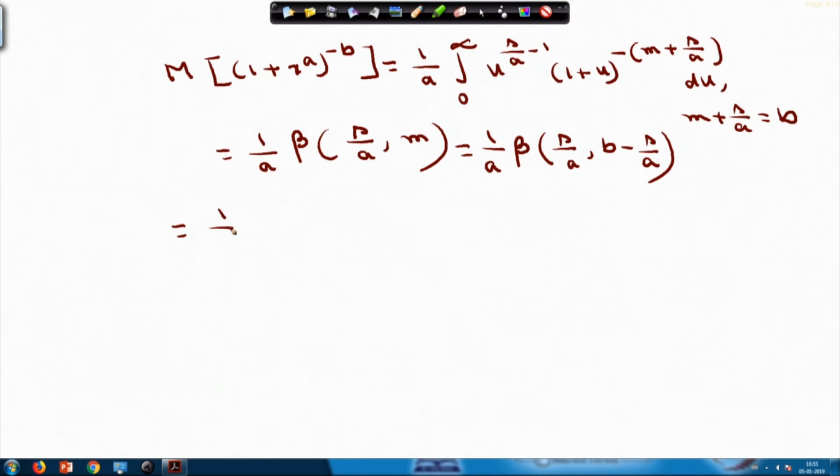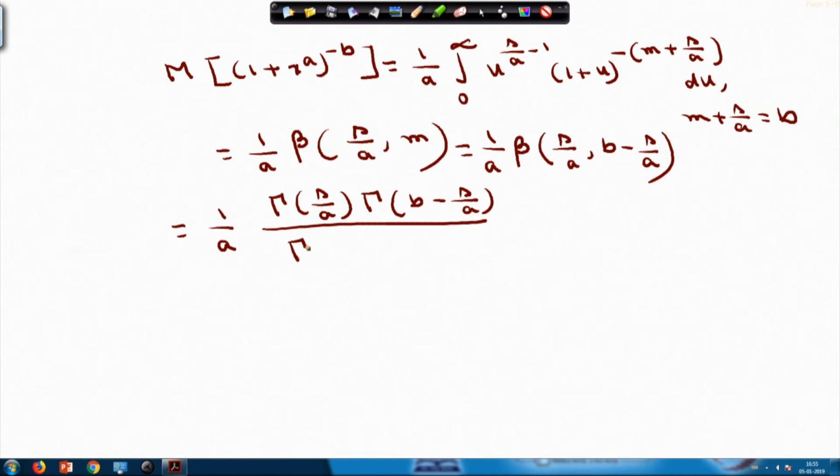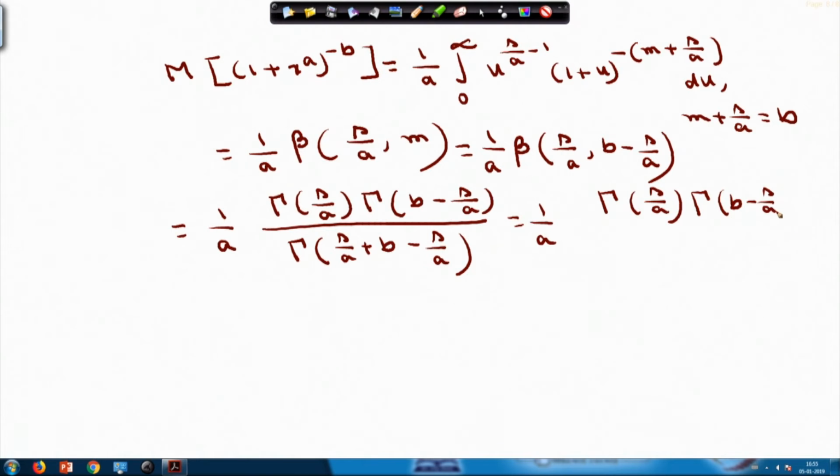If I use the formula in terms of the gamma function, I can write this as gamma of m times gamma of n divided by gamma of m plus n, that is, gamma of s by a, gamma of b minus s by a, divided by gamma of s by a plus b minus s by a. So after simplification, this will be gamma of s by a, gamma of b minus s by a, divided by gamma of b.